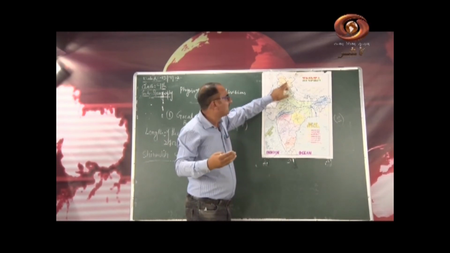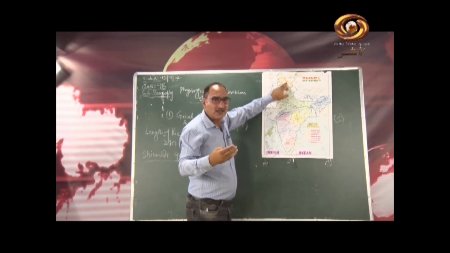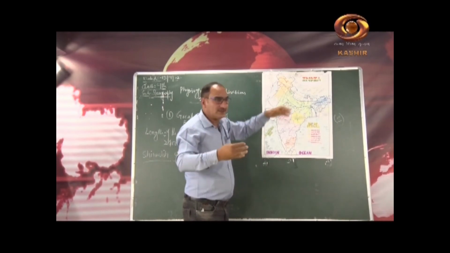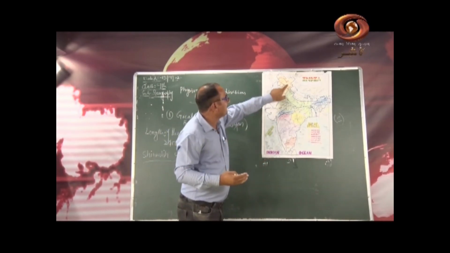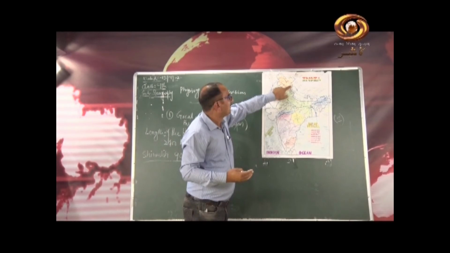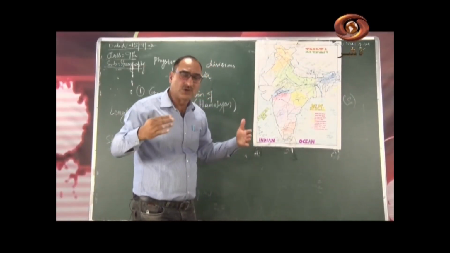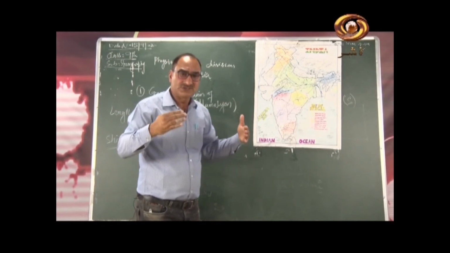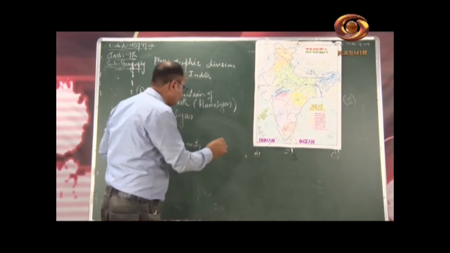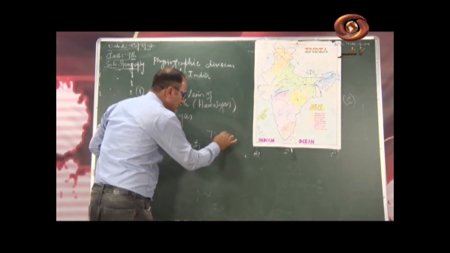Some other rivers, Hunza and Nubra, are tributaries which join the Indus River, and the Indus flows through Ladakh for 720 kilometers.